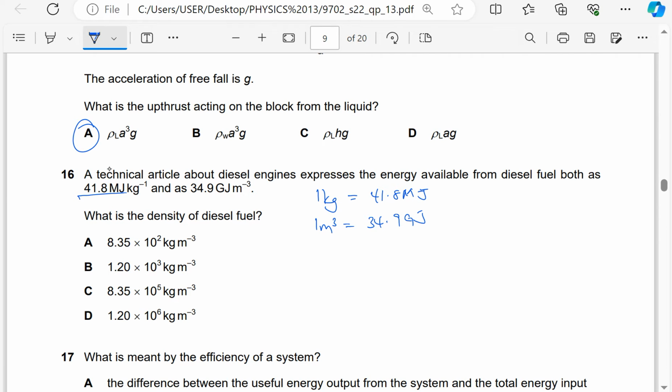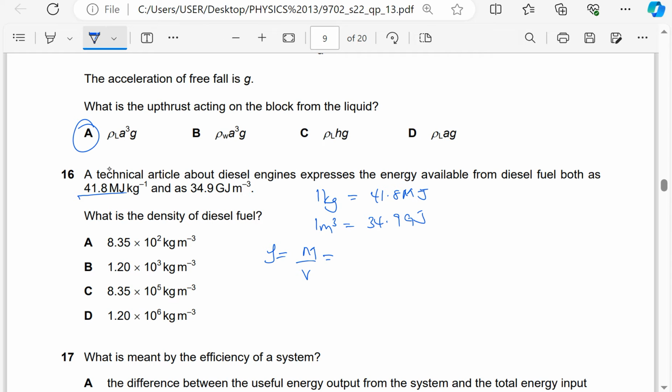Density of diesel. So density is equal to the mass divided by volume. If 1 kilogram has that energy and 1 meter cubed has that energy, so what is the density here? I want you to notice that density is mass over volume.